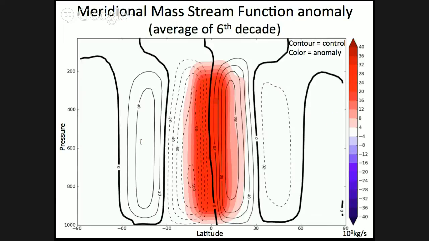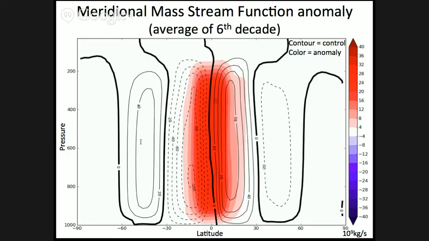And here it's showing the atmospheric general circulation. You see that the lines are showing the control values, and the color is showing the anomalous values. In the control there's an upward flow at the equator, and this upward flow goes both ways to north and south, and then sinks to the surface and comes back.